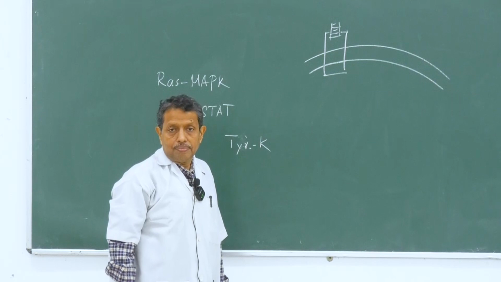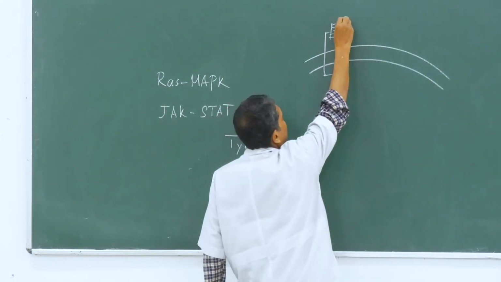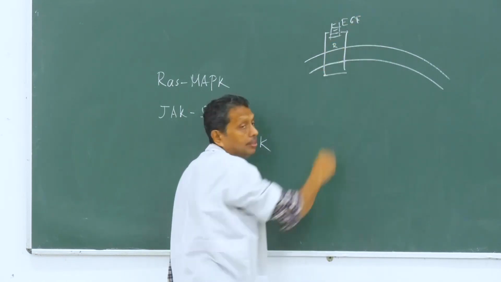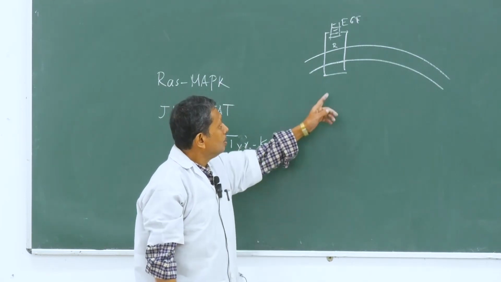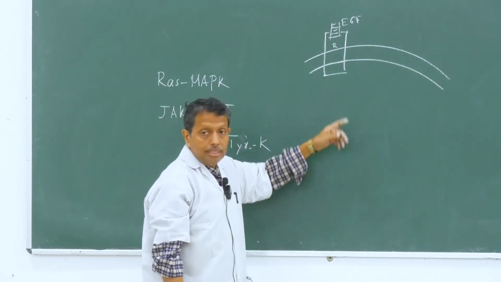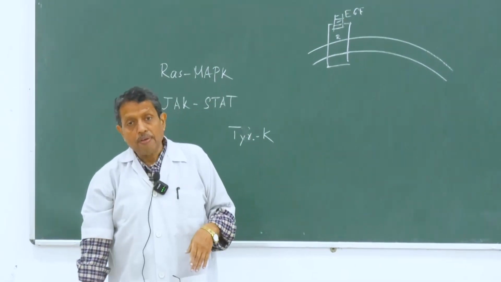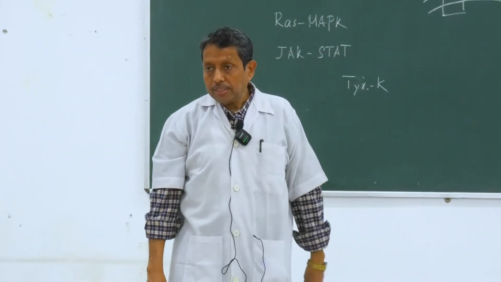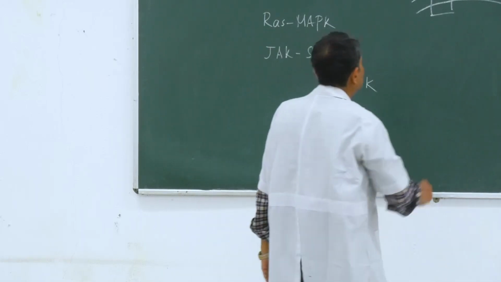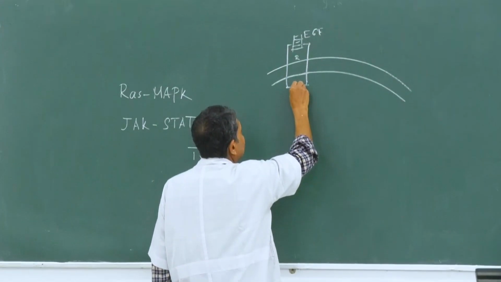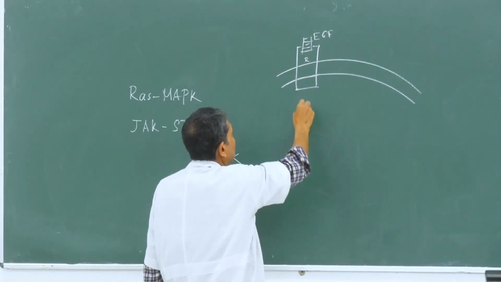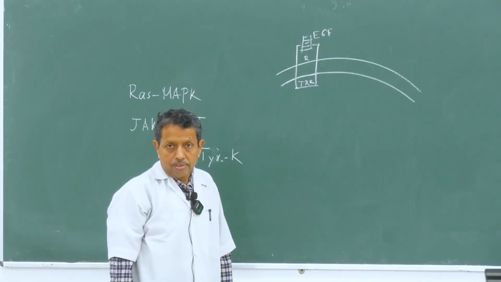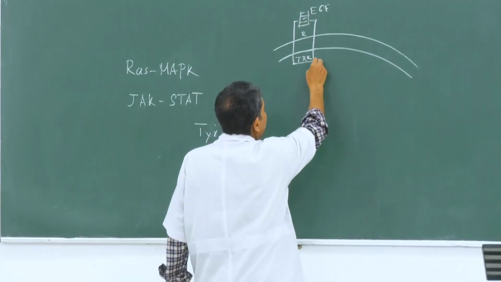Suppose epidermal growth factor, EGF also, and it is the appropriate receptor, and in this way they have their effect and they activate in different ways. Suppose when they are activated, their cytoplasmic portion has tyrosine kinase activity. It causes phosphorylation of tyrosine, and in this way it can have this effect.